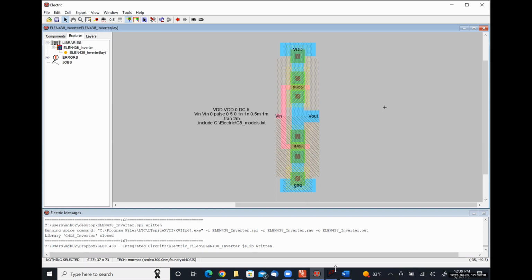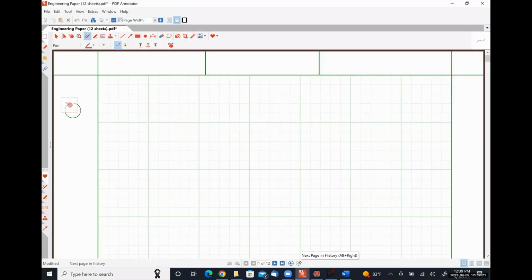Now we get to the colored pens portion of the class. So I'm going to start by labeling this as the side view of a CMOS inverter.